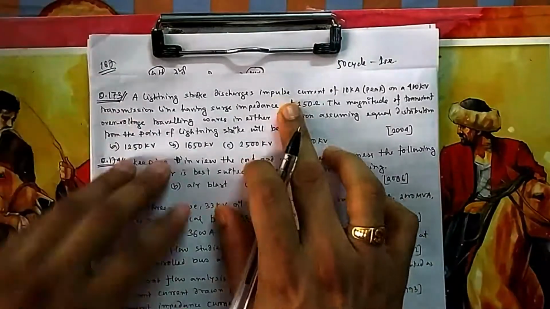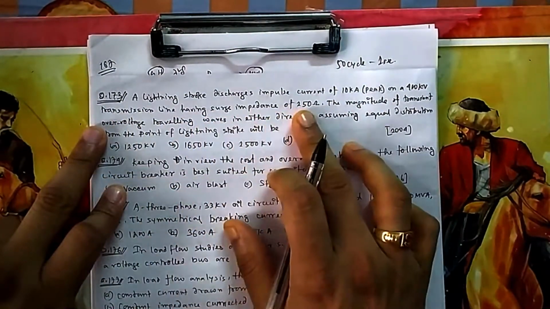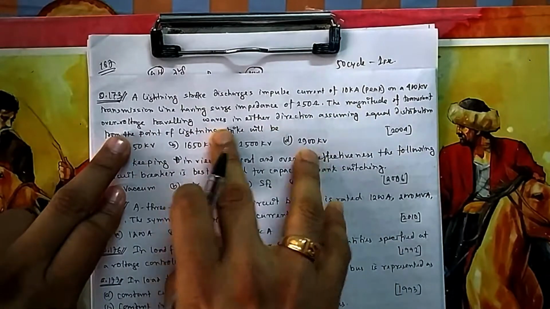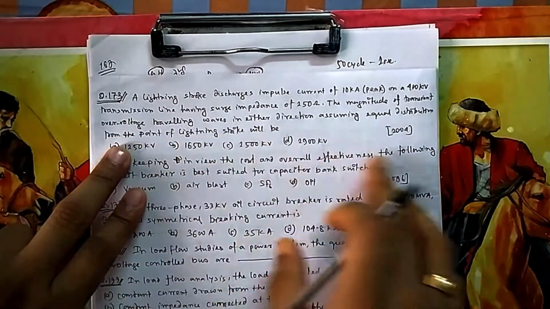There you can see. A lightning stroke discharges an impulse current of 10 kA peak to a 400 kV transmission line having a surge impedance of this much. The magnitude of the transient overvoltage wave in either direction, assuming equal distribution from the point of the lightning stroke, will be.